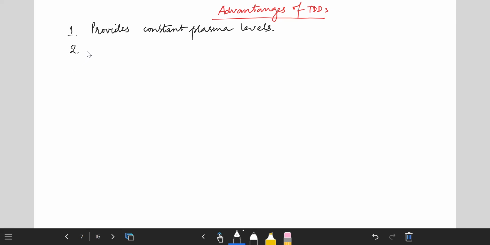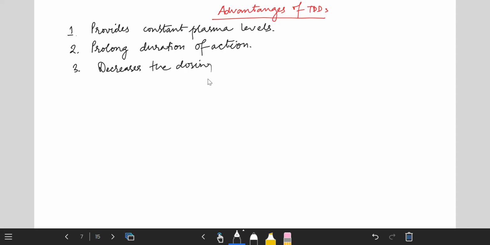Second one is prolonged duration of action. Third one is it decreases the dosing frequency.